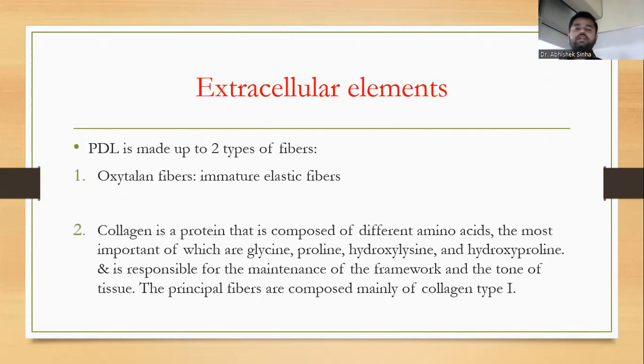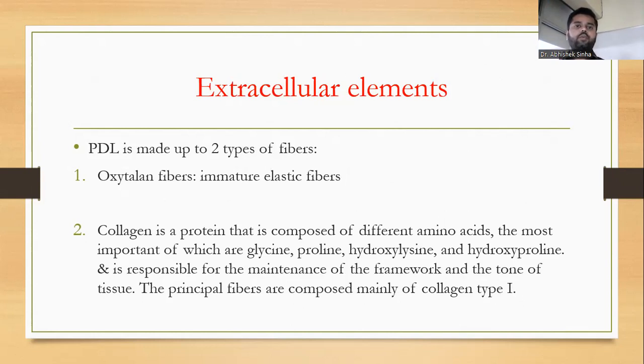Then, speaking about the extracellular elements, the PDL is made up of two types of fibers. You have oxytalan fibers and you have collagen fibers. Oxytalan fibers are immature elastic fibers, and collagen, as I have already made clear, is very, very important.